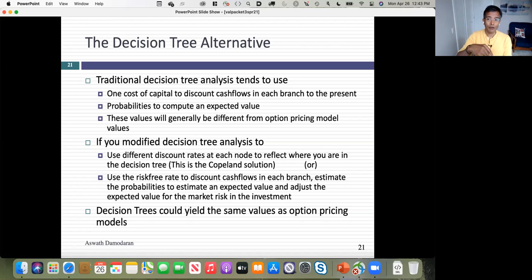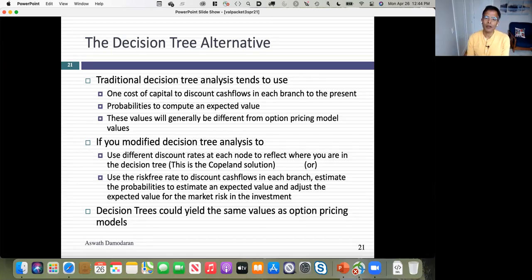At each stage, if you're denied or rejected, the game ends. And if you're approved, you go to the next stage and the next stage. And finally, if you get approved through all 3 stages, then you can, if you want to, go into commercial production. So it fits perfectly into a decision tree framework because the risks are discrete, right? At each stage, you either get approved or rejected, and you can draw every branch.